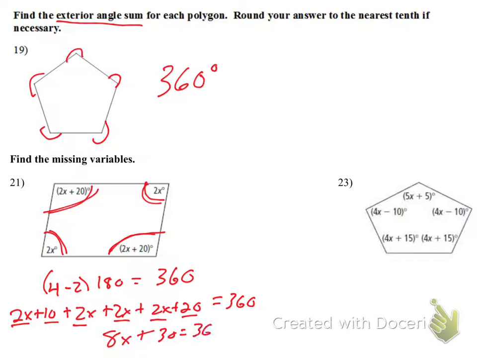It's equal to 360. And then I'll minus the 30, so 8x is equal to 330. And then on my calculator, I'll do 330 divided by 8. It's 41.25, so 41.3.